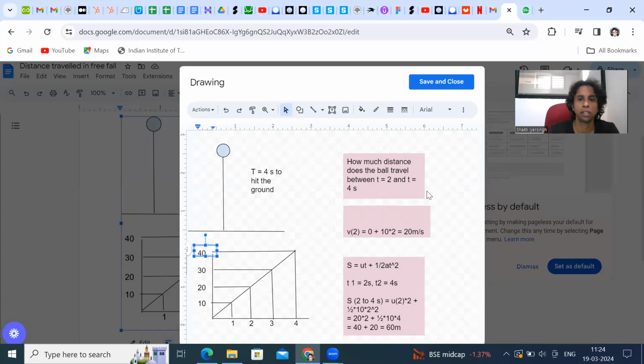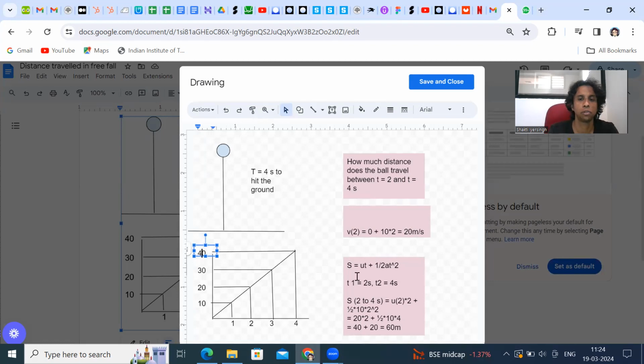To calculate the distance between 2 seconds and 4 seconds, we're going to use the equation s equal to ut plus half at square. And u in this equation, we'll have to substitute with the velocity at 2 seconds, which is this 20. You can also use this equation, u equals 0 plus 10 into 2, 20 meters per second.